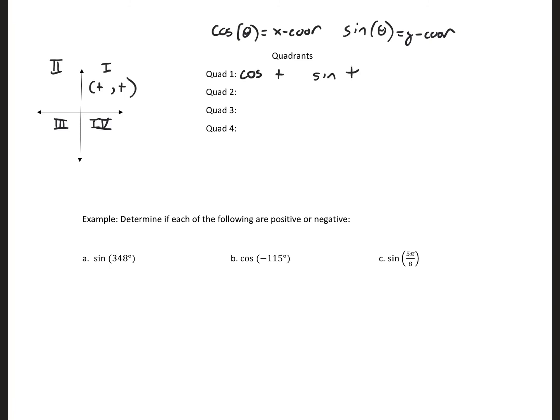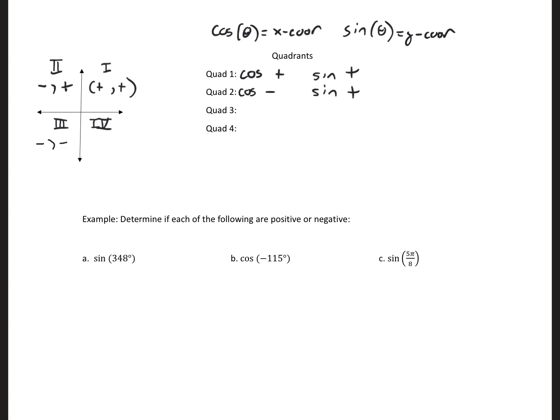In quadrant 2, x is negative and y is positive. So if you land in quadrant 2, cosine is negative and sine is positive. In quadrant 3, both x and y are negative.